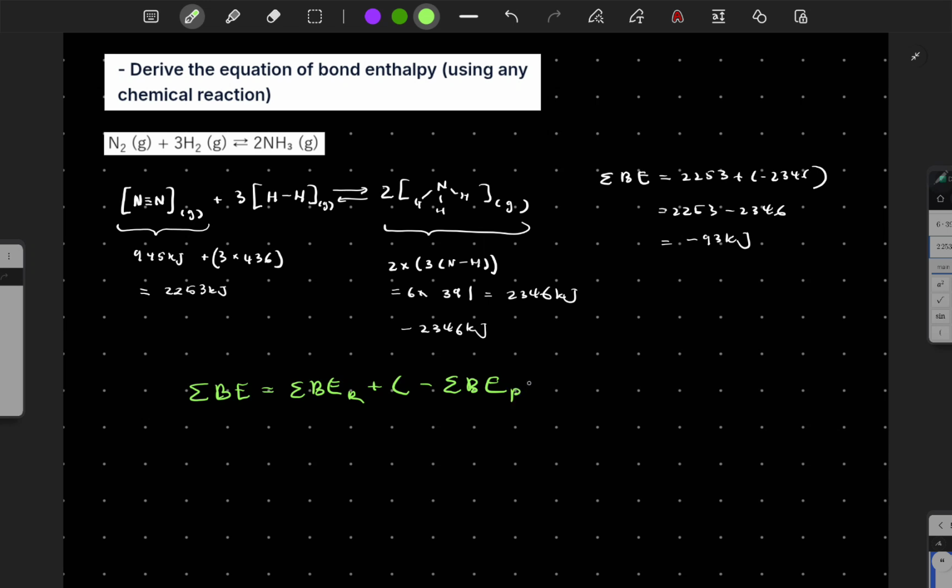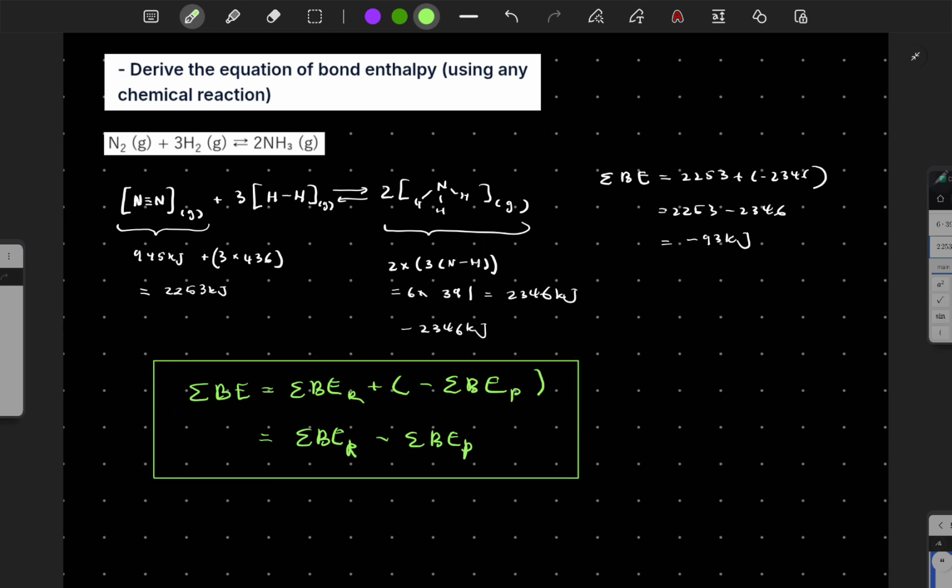Now this gives us the equation: sigma BE reactants minus sigma BE products. And this will be the final equation. This will be the derivation of the equation of bond enthalpy using the chemical reaction of N2 plus 3H2.